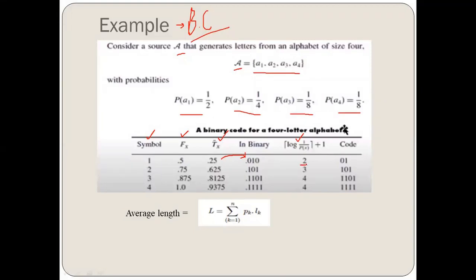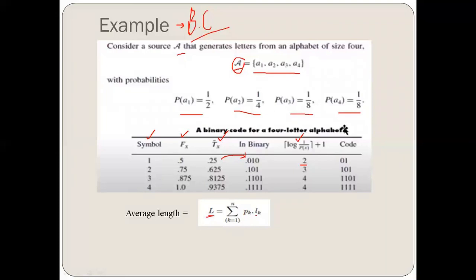Now, when we compare the two algorithms, we are going to find out the length. Suppose we calculate the average length for these particular codes of source A. We have studied the formula of average length. Average length is denoted by capital L, that is equal to the summation from k equal to 1 to n of Pk dot Lk.